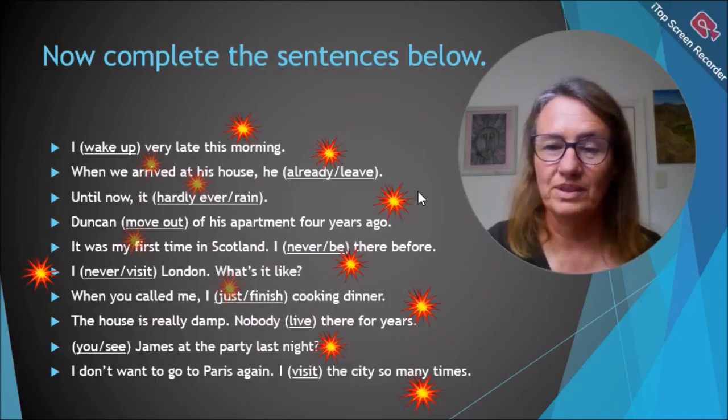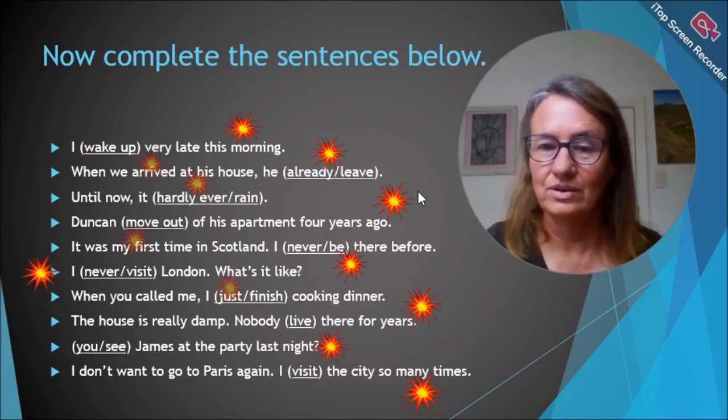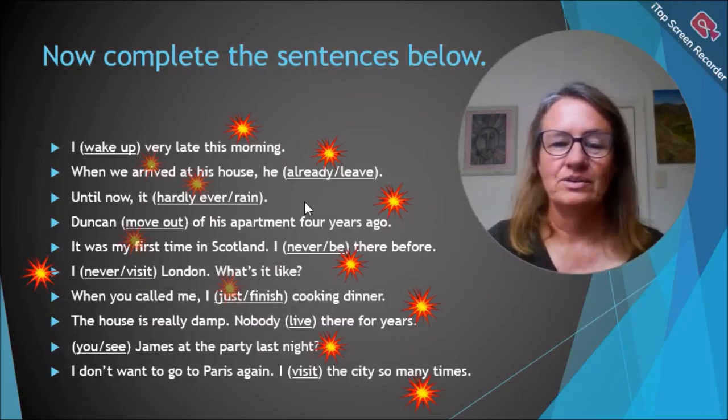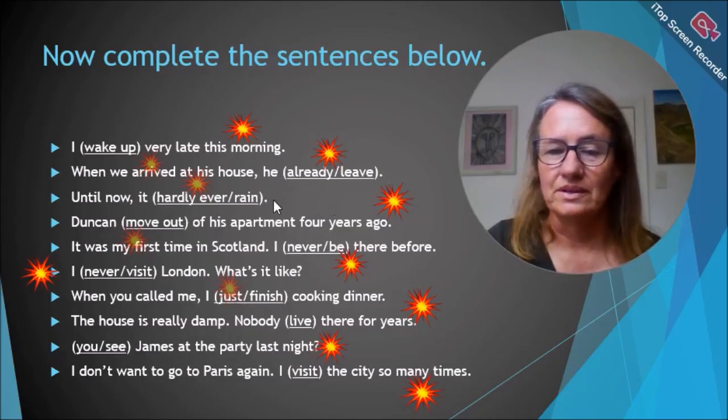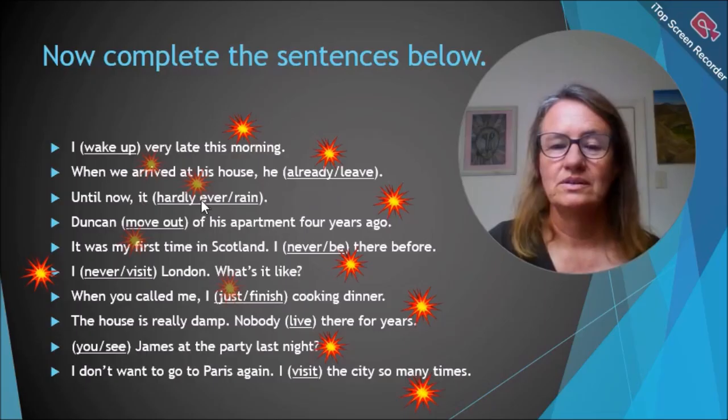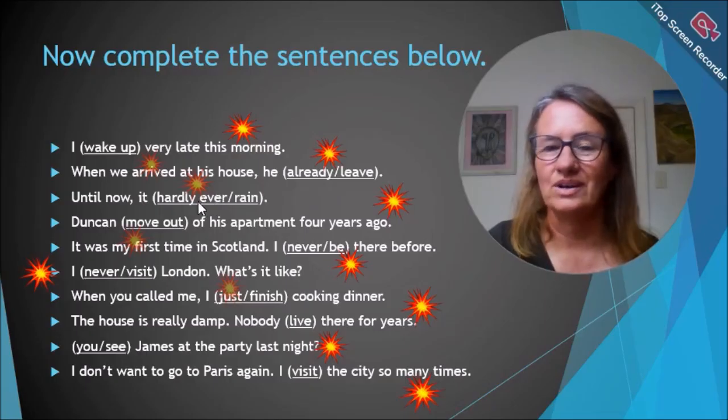Okay, remember those. It's going to help you with your speaking, with your writing, understanding. We have a look now at the third one. Until now, it hardly ever rain. So, which tense are we using here? We've got hardly ever. Hardly is a small amount. Ever. Ever tells us perfect.